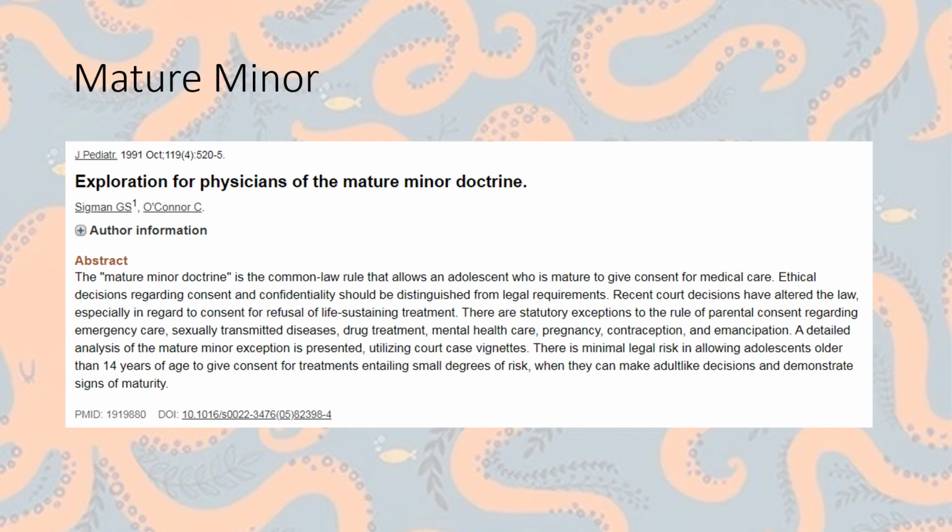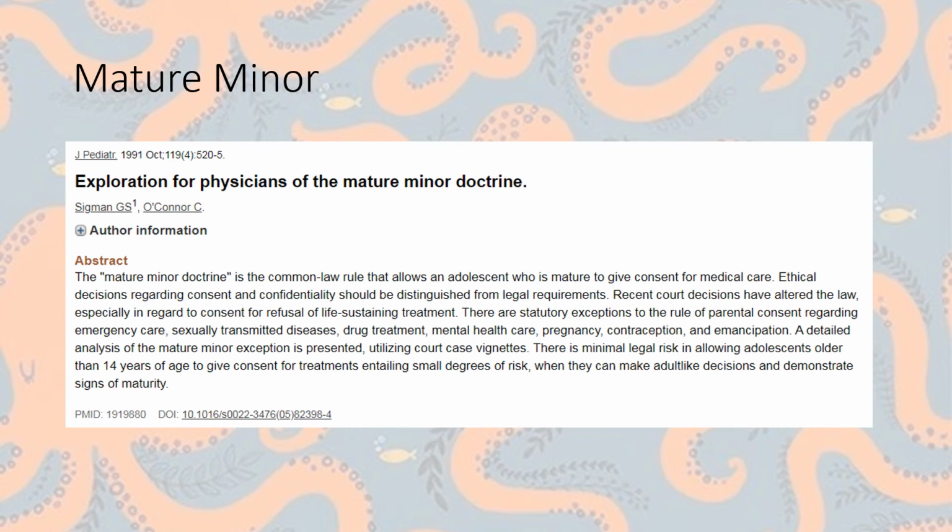And this is the mature minor doctrine that I was talking about as a result of that court case. It says, the mature minor doctrine is a common law rule that allows an adolescent who is mature to give consent to medical care. Ethical considerations and decisions regarding consent and confidentiality should be distinguished from legal requirements.